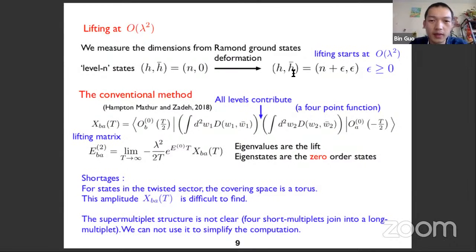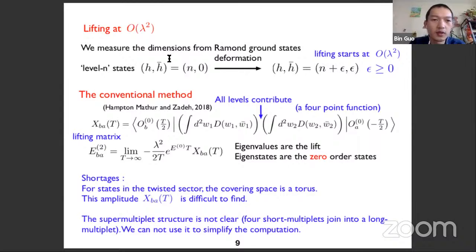So we expect they change by the same small amount epsilon. And because of the right-moving supersymmetry, epsilon must be larger or equal to 0. So this epsilon must start at lambda squared. If it started at order lambda 1, then you could flip the sign of lambda and make epsilon negative.